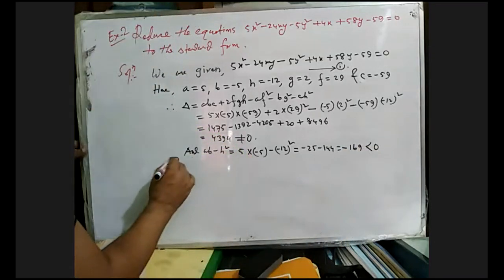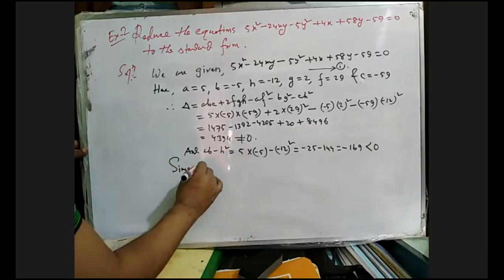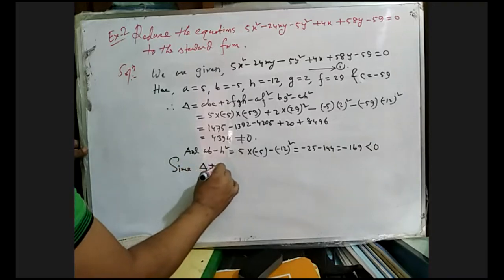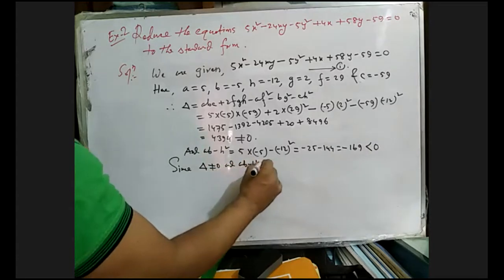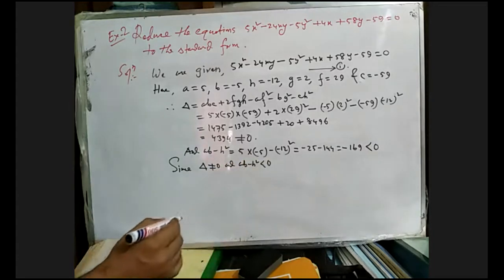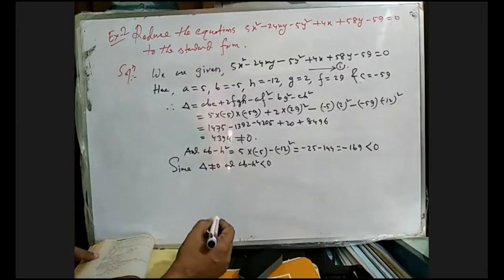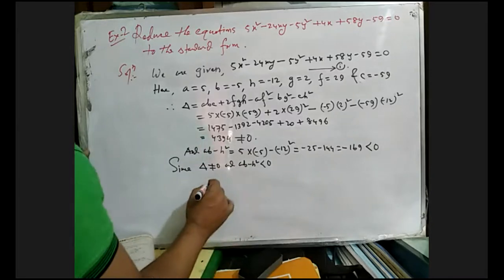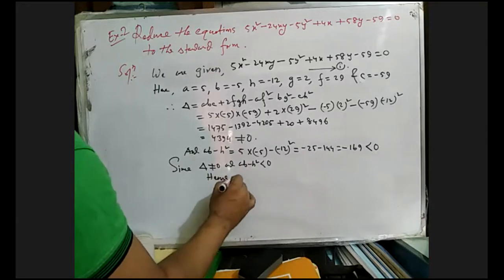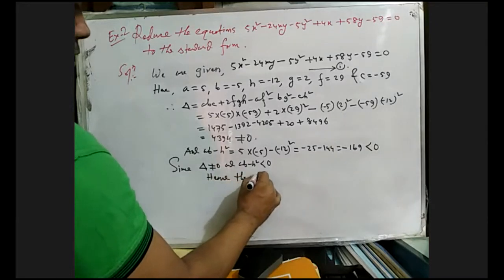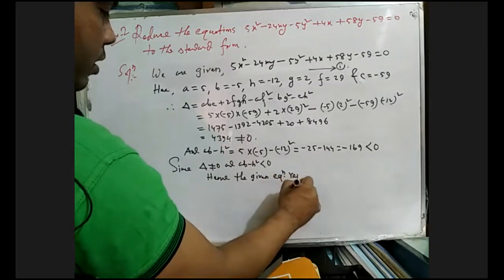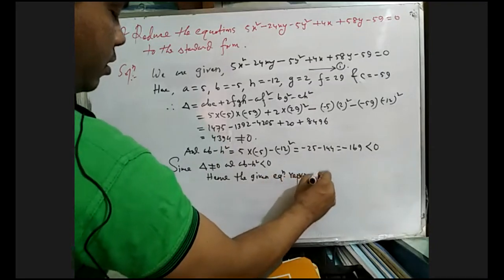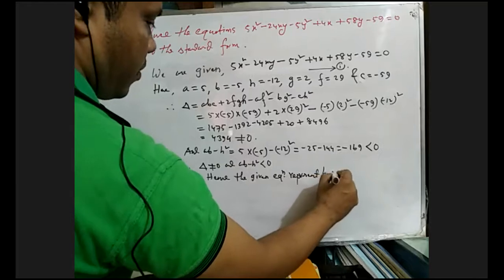So since the determinant is not equal to 0 and AB minus H square is less than 0, we can decide that the given equation represents a hyperbola.